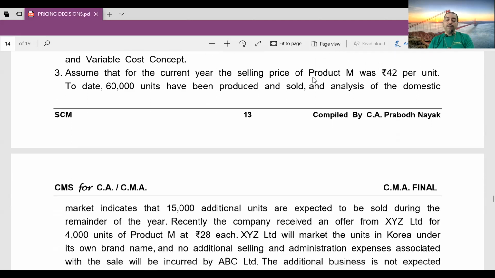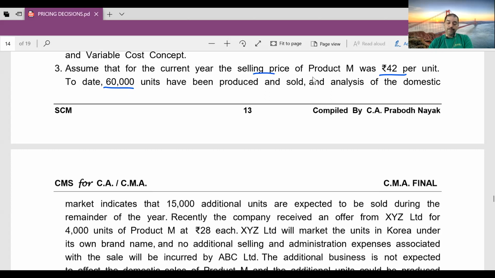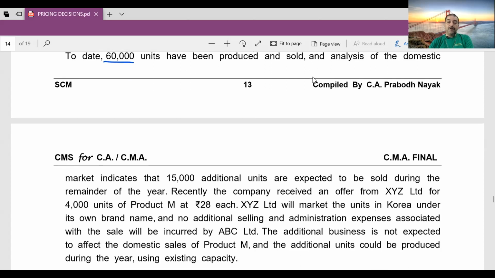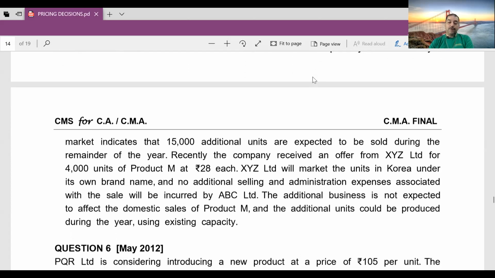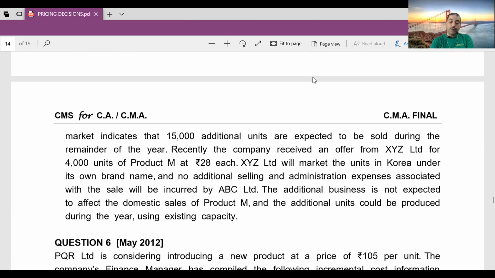Third, assume that for the current year, the selling price of product M was 42 rupees per unit. To date, 60,000 units have been produced and sold. That means as of now, it is 42 rupees selling price, and 60,000 we have produced and sold. An analysis of the market indicates that 15,000 additional units are expected to be sold during the remainder of the year.